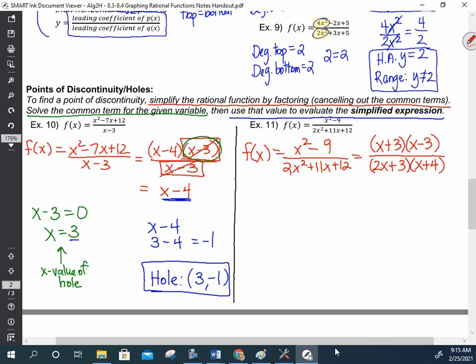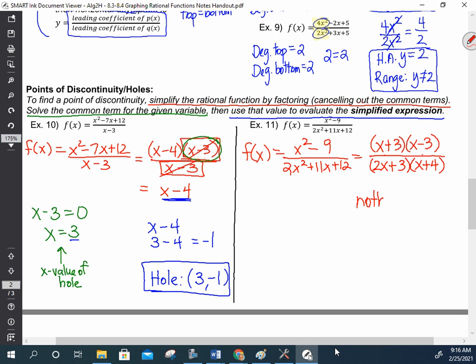So if you look at the problem, you notice that nothing drops out. So first things first, make sure you factored everything correctly. Those are good. 2x squared, 8x, 3x, that's 11x, 3 times 4 is 12.